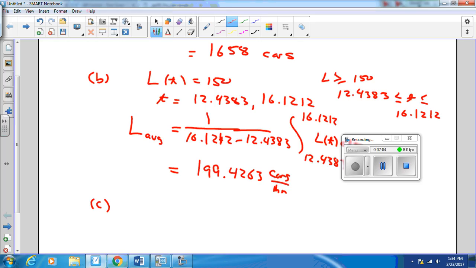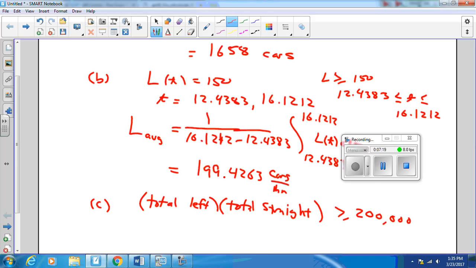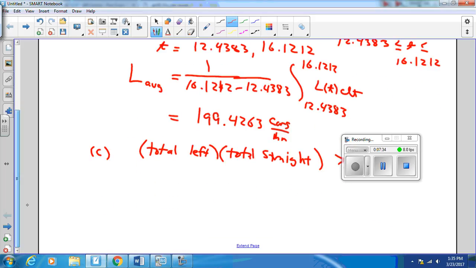And so if I translate that, total left times total straight, this is our decision criterion expressed in math. Does that make sense? Yeah, so it was the word product that you actually didn't know that was tripping you up here. And they also tell us that the total straight is 500.